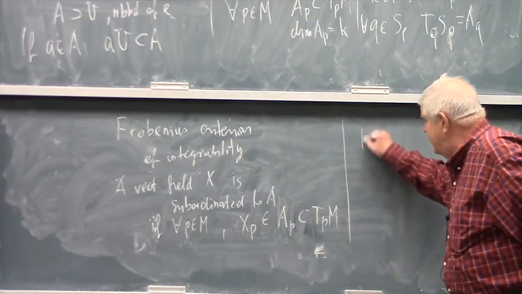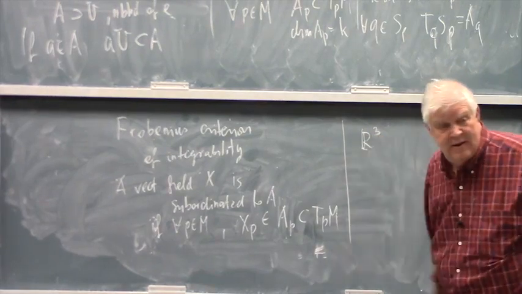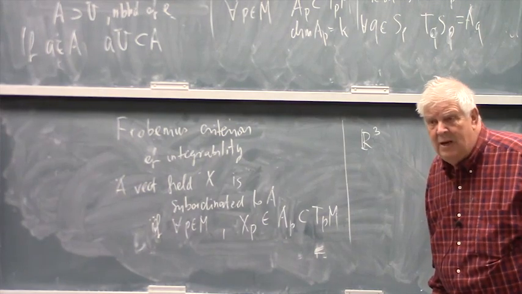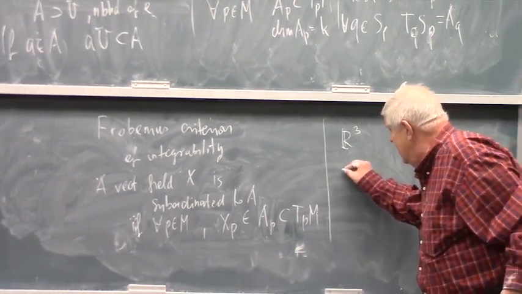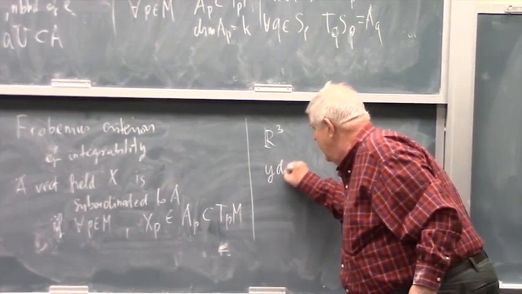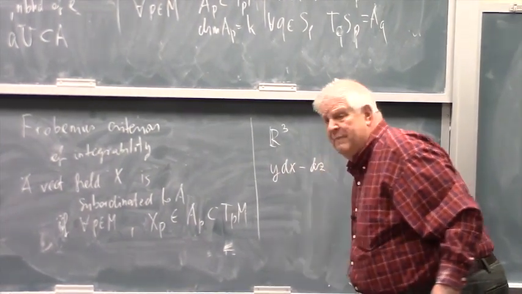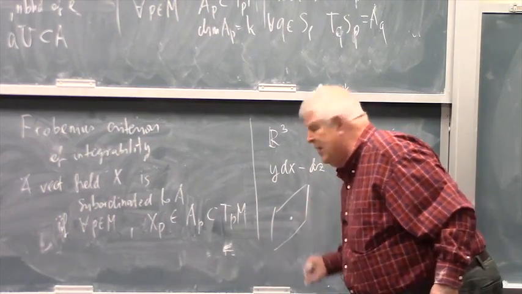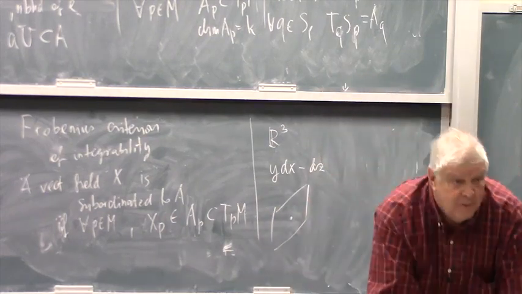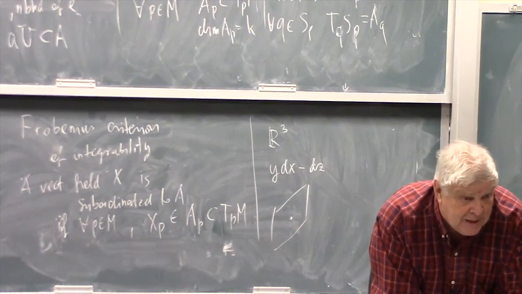Suppose we have the space R3. Now what I consider, I call it a differential form, if you know what it is: y dx minus dz. At every point, this is actually a plane. The zeros of this form present a plane, right?